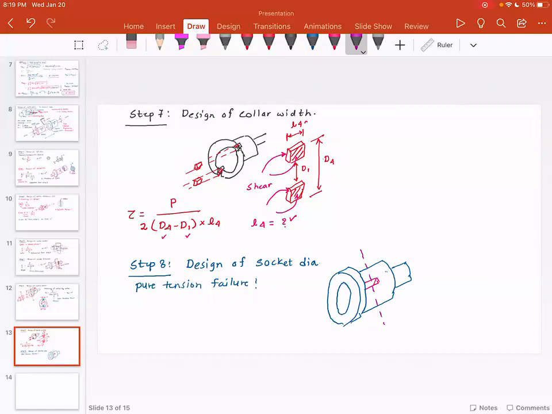And the cross-sectional area over here is something like this. So this is the failure area.